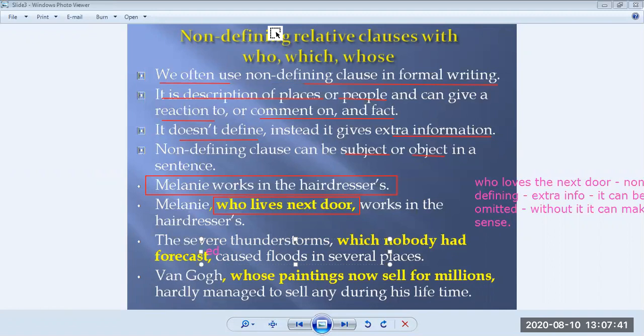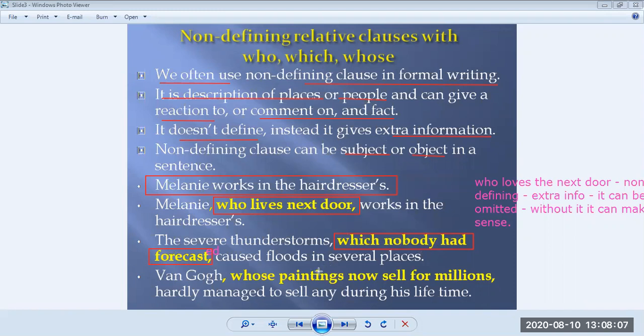This part, which nobody had forecast, is non-defining. Why? Because the sentence can stand alone. It just gives extra information, not defining anything. What is it supposed to define? The thunderstorm. But we didn't say what kind of thunderstorm.